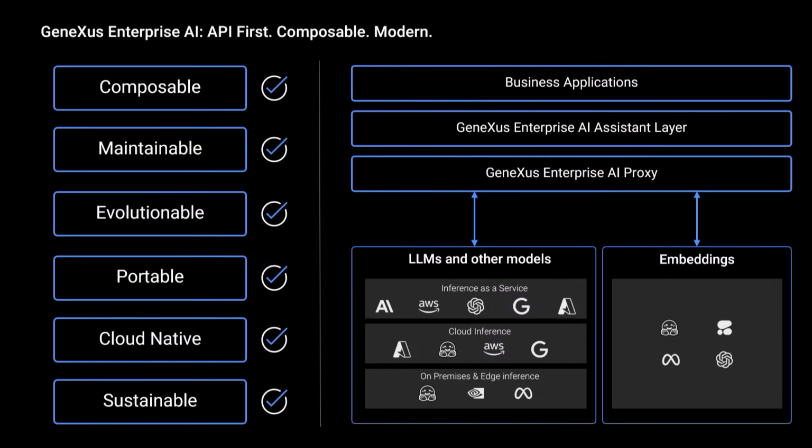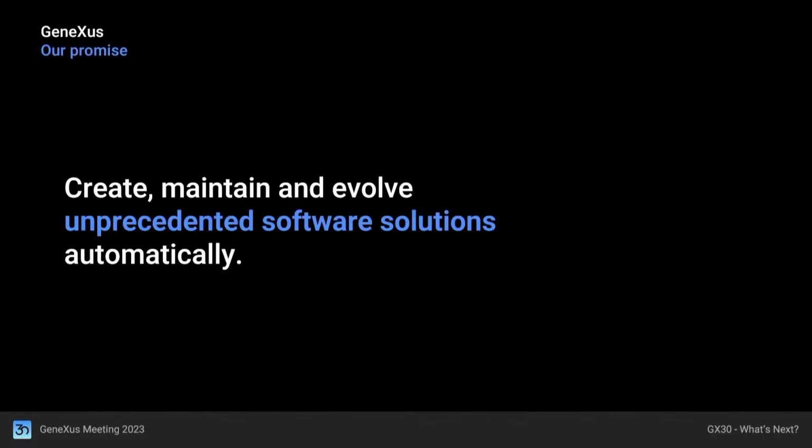And GeneXus Enterprise AI was developed with a concept that we call API first. Before having a back office or a manager to work and operate enterprise AI, we developed APIs. Why? So that that module could be integrated into any system.